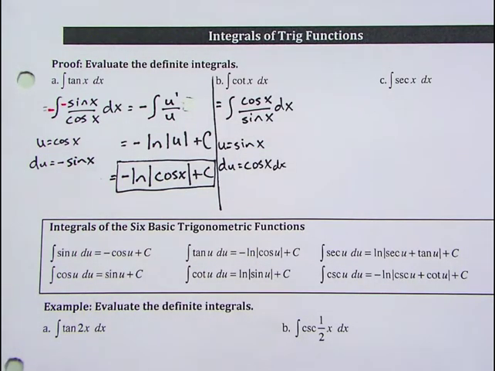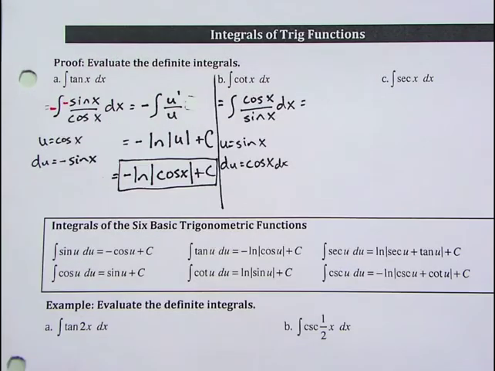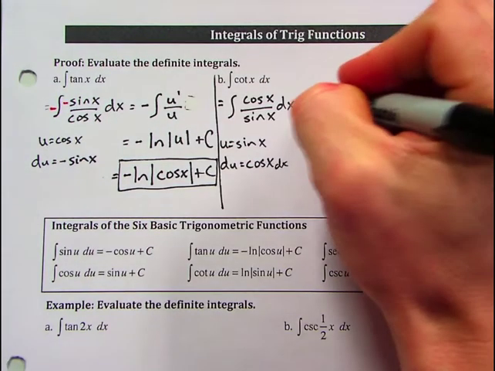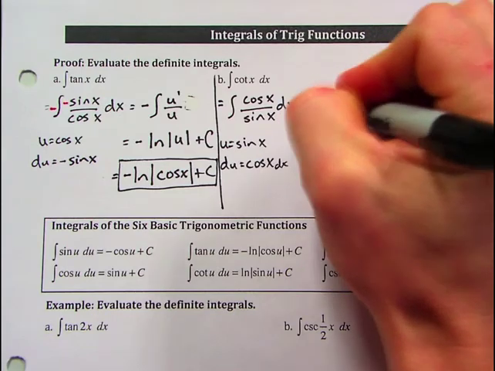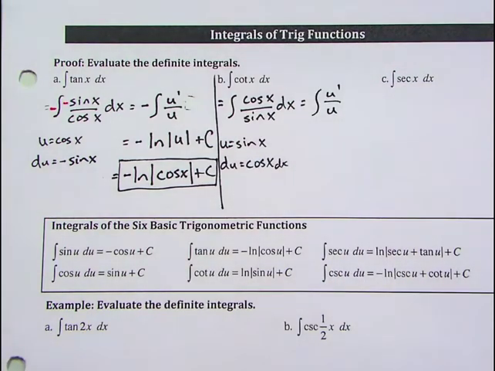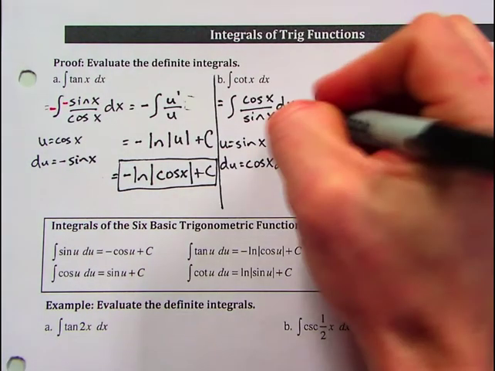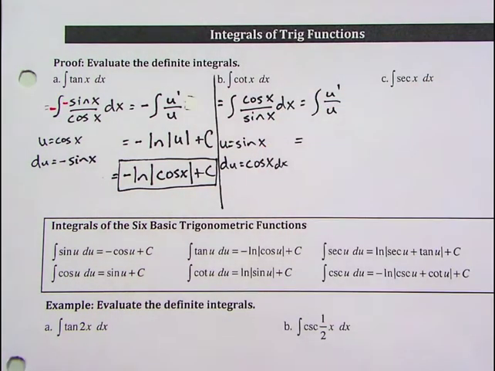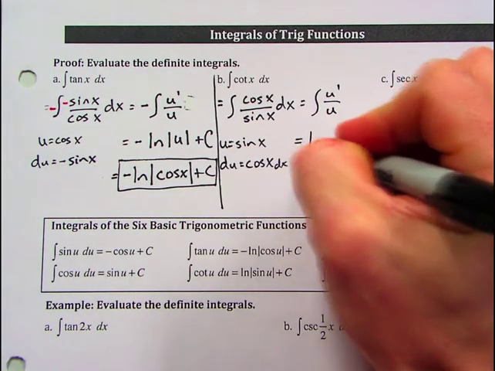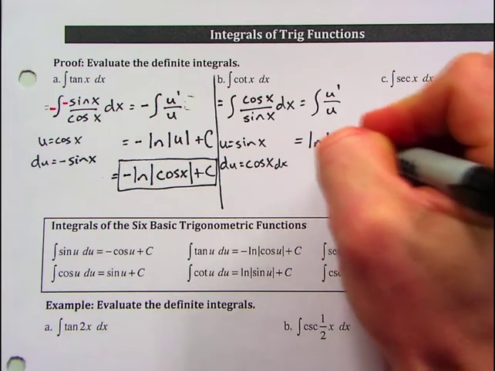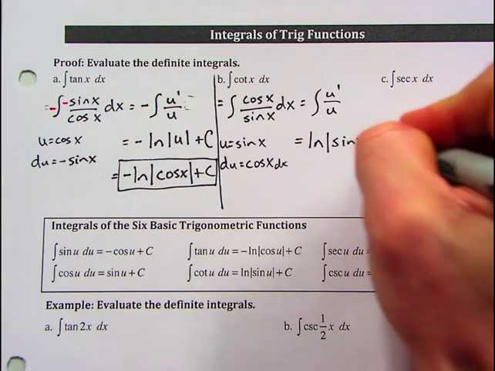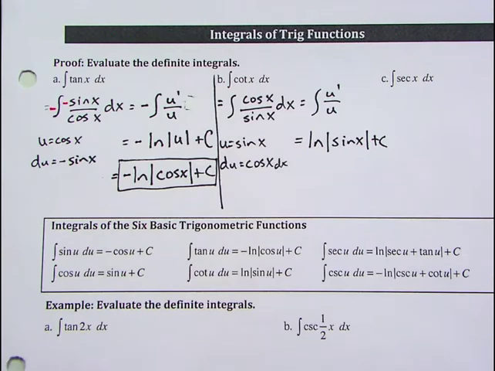If we're looking at this and we want to use U-substitution, do we need to alter anything? No, we already have u prime over u. So we can go ahead and just do the U-substitution here, and we get the natural log of the absolute value of sine x plus c.